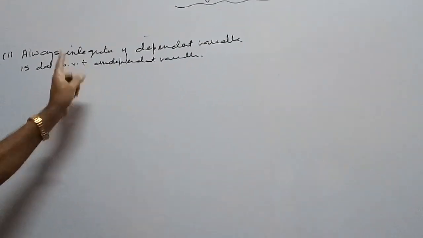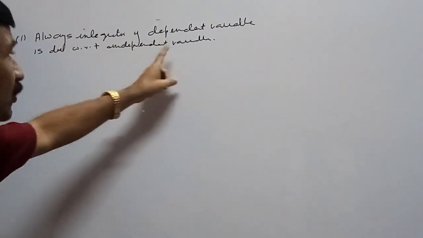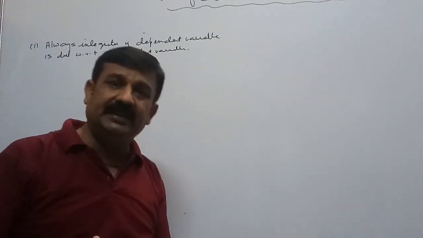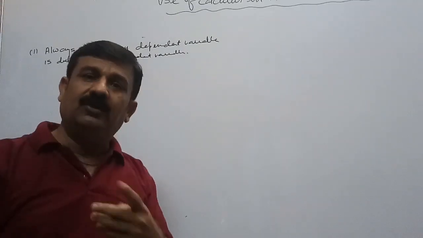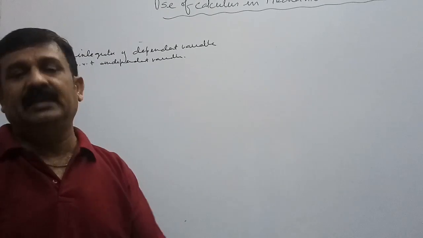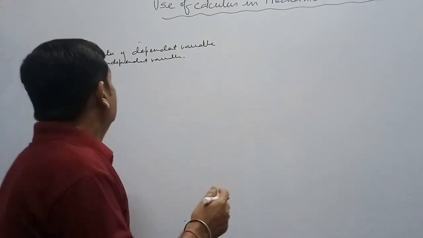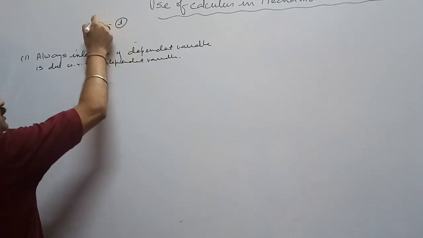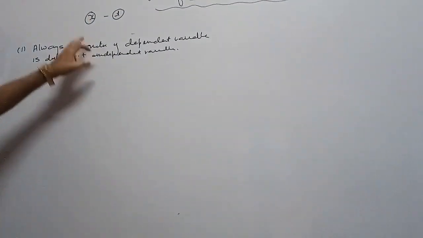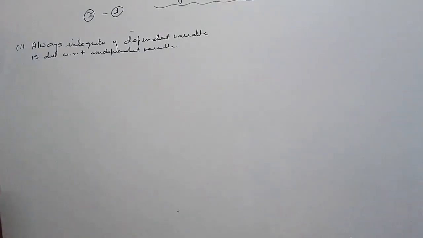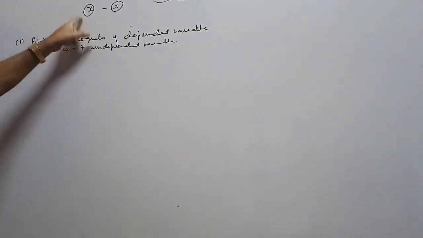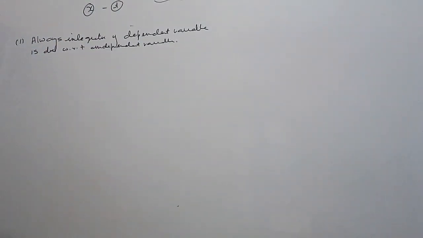As we were discussing in differentiation, differentiation of the dependent variable is done with respect to the independent variable. Similarly here, when we do integration, we integrate the dependent variable with respect to the independent variable. If we have a distance-time equation, when time changes, distance changes, so we differentiate distance with respect to time. Similarly, we can integrate distance also with respect to time.